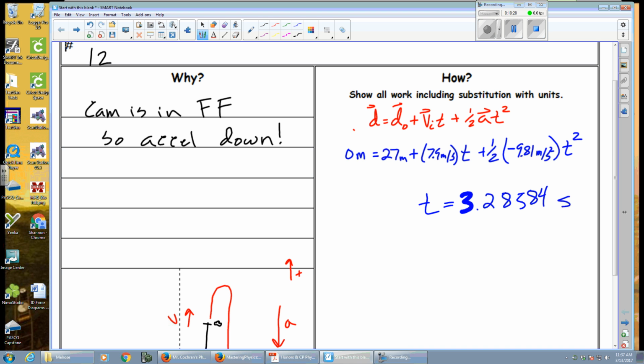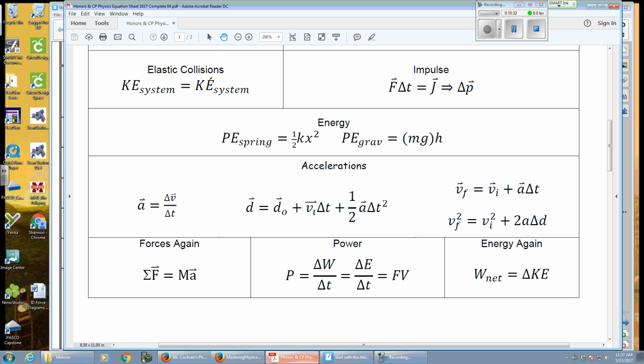How fast is it going at the bottom? Well, I actually know so much information, I could use either of these equations. I think I'm going to use this one because it doesn't rely on the time. So if I screwed up the first one and found the wrong time, at least I won't screw up the second part. All right?